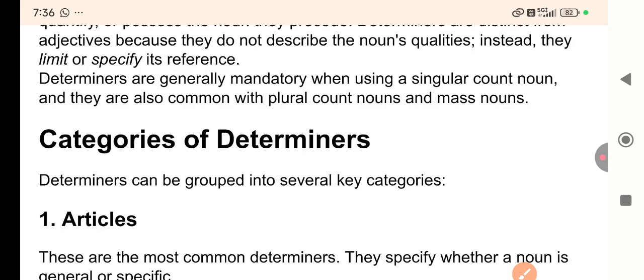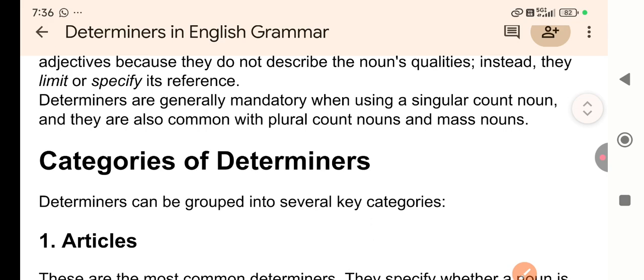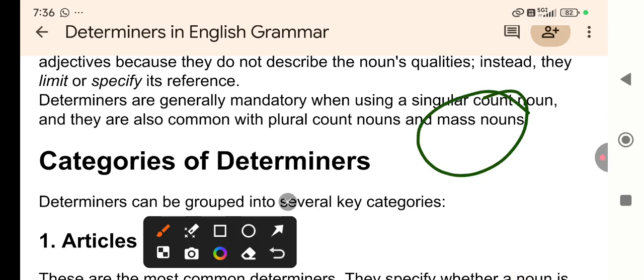A car, a car, right? Two cars, three cars. So that's countable. So a determiner is used for singular countable nouns, and they are also common with plural countable nouns, along with mass nouns, right? So that is also used before mass nouns.